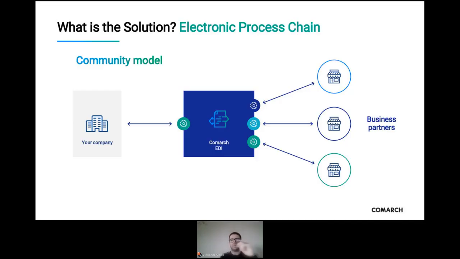And when sending an EDI document, both parties, so seller and buyer, or also other trading partners like a logistics service provider, need to follow the same set of rules. So let's say the standards define where and how the information in the document will be received.